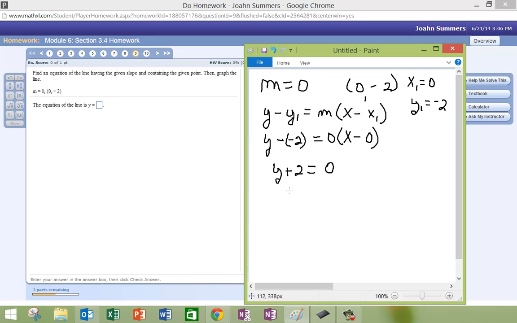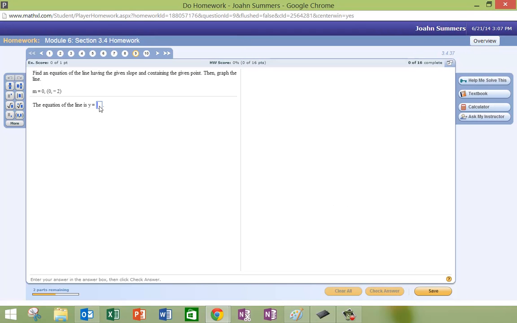Then subtract 2 from both sides. We're isolating the y, or solving for y, so that we'll have 2 minus 2 is 0 on the left, only leaving y, and on the right a -2. So the equation of the line is y equals -2.